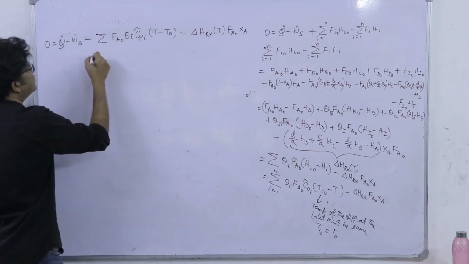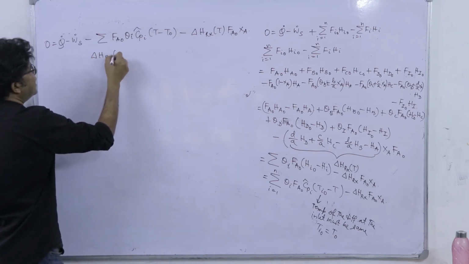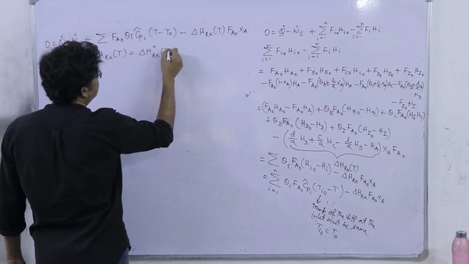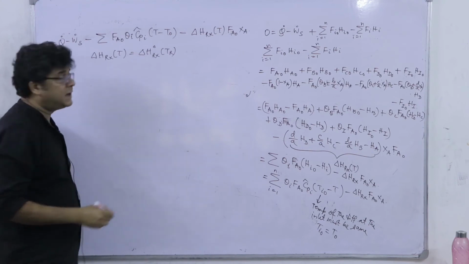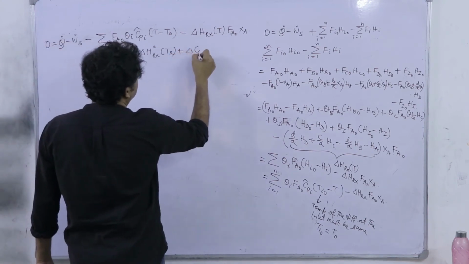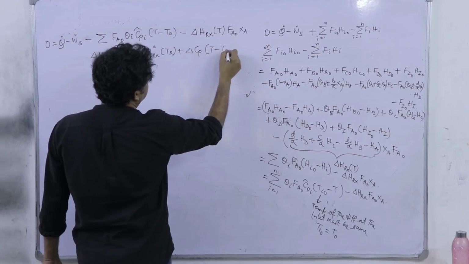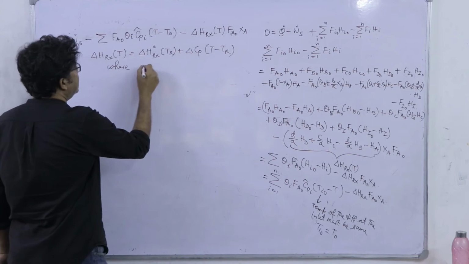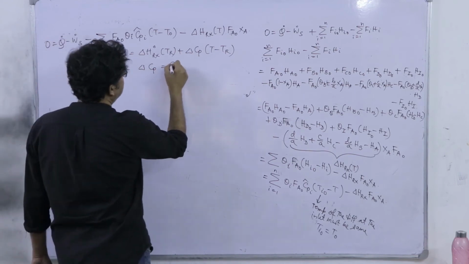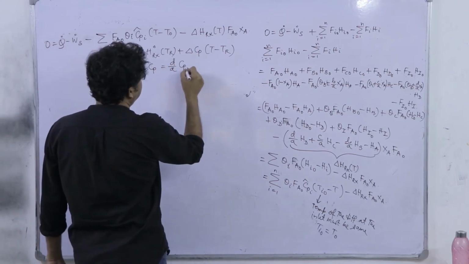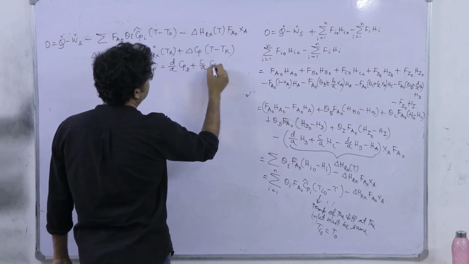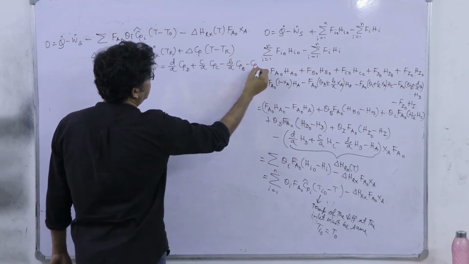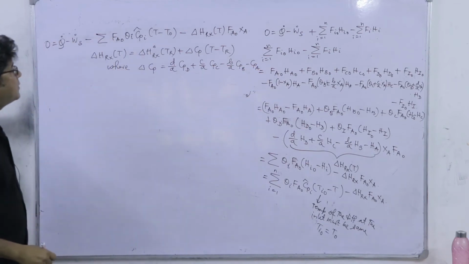Now we know from thermodynamics that delta H Rx at T is equal to the standard heat of reaction at the reference temperature of 298.15 plus del Cp into (T minus Tr), where del Cp is equal to d by a Cpd plus c by a Cpc minus b by a Cpb minus Cpa.